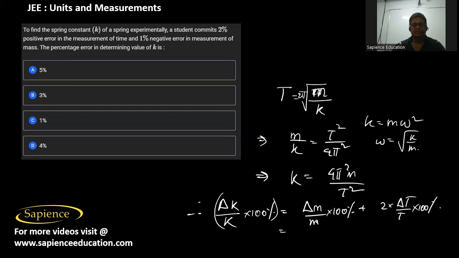The percentage error in mass is 1% plus 2 into the percentage error in time, that is 2%. So that is 4 plus 1, that is 5%. Even if it is a negative error, errors should not be subtracted, they should always be added. So option A is the correct answer. The percentage error in the value of k is 5%.